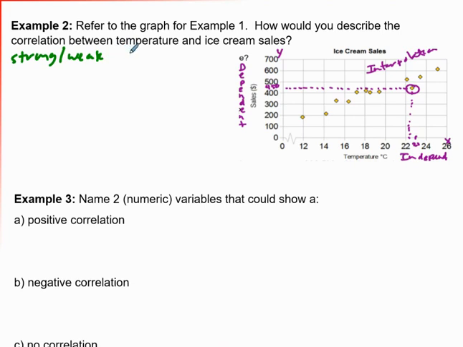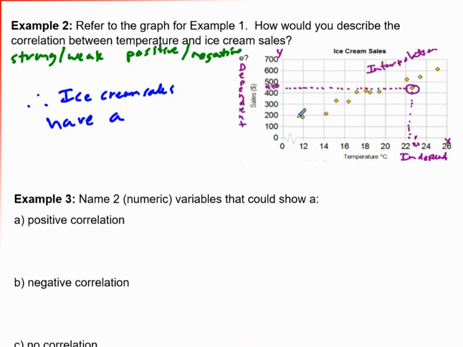We want positive, negative. So we want to make that part of our statement. So therefore, example 1, our ice cream sales have a, here it is.